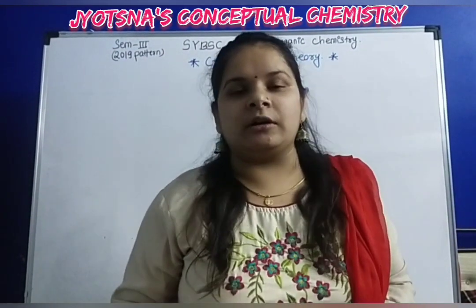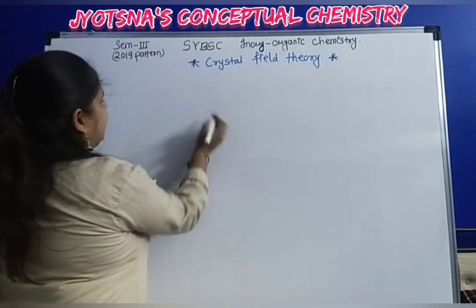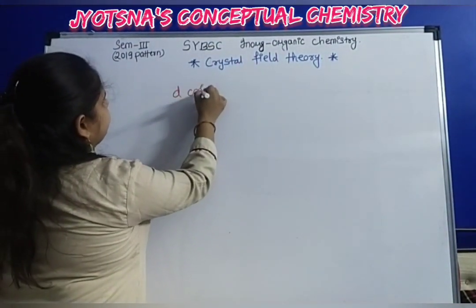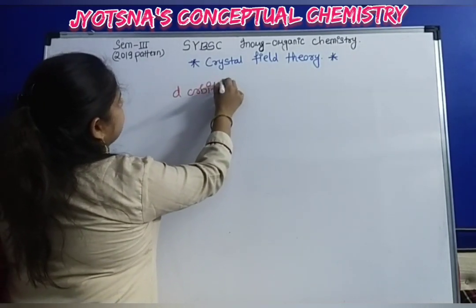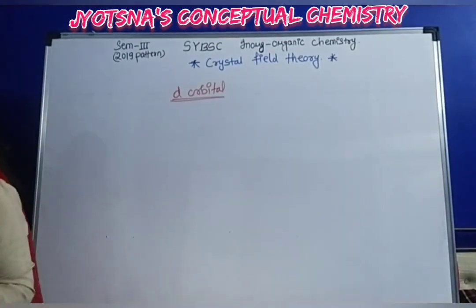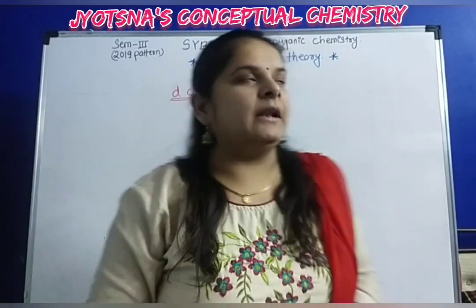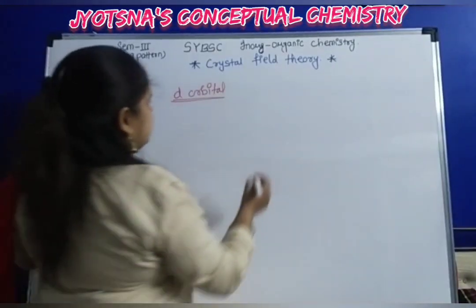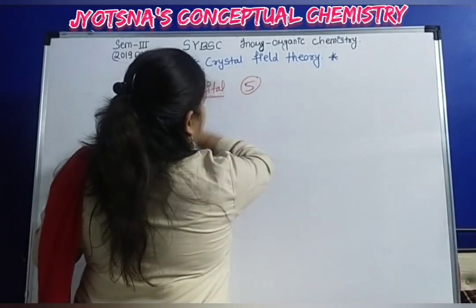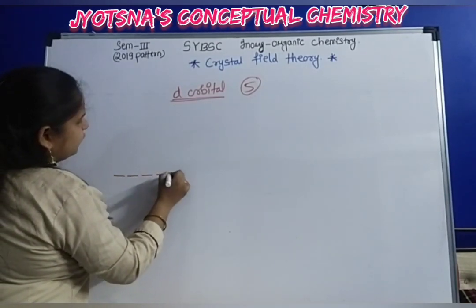The d block, d orbital, has 5 orbitals. You might know the d orbital. We will see the splitting of the d orbital. So the d orbital is there. There are 5 orbitals: 1, 2, 3, 4, 5.